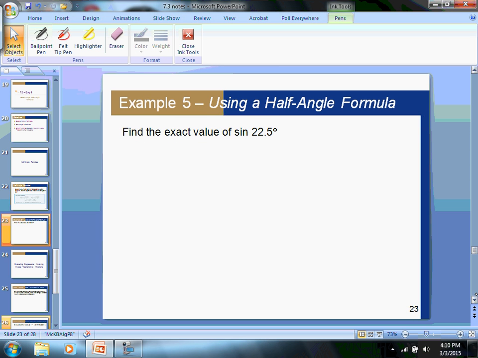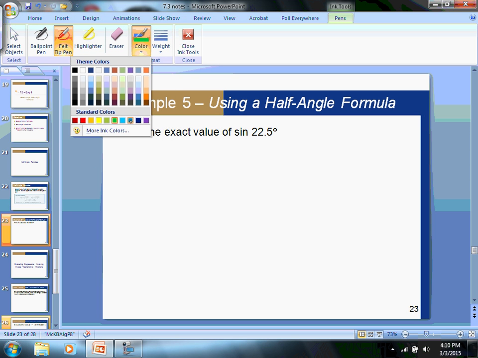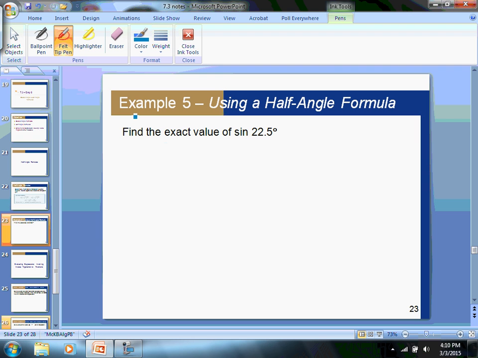So let's take a look at our examples here. We're going to find the exact value. Exact value means that we don't want decimals, because you could take sine of 22.5 in your calculator and get a decimal. But remember, decimals we round, so we chop them off and make them too small or too big.